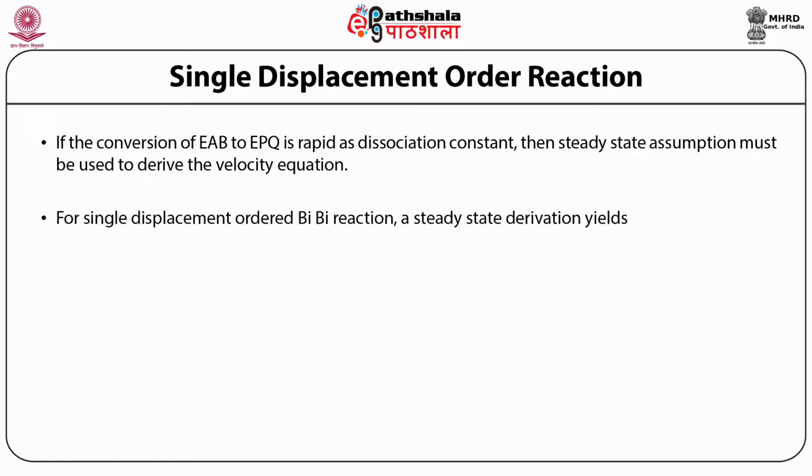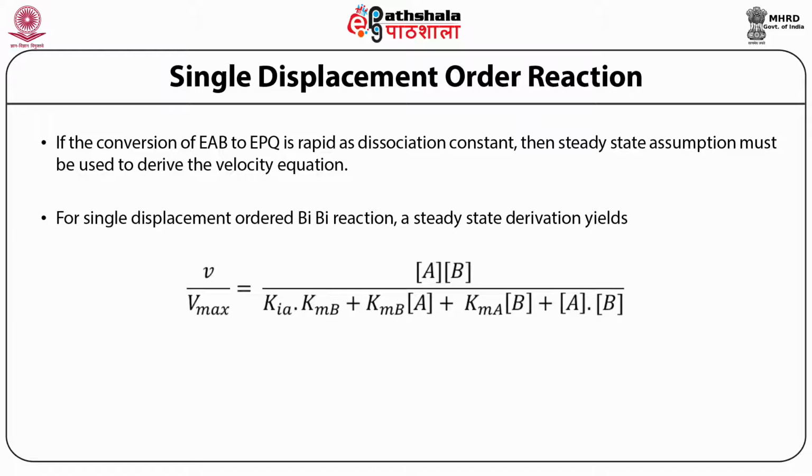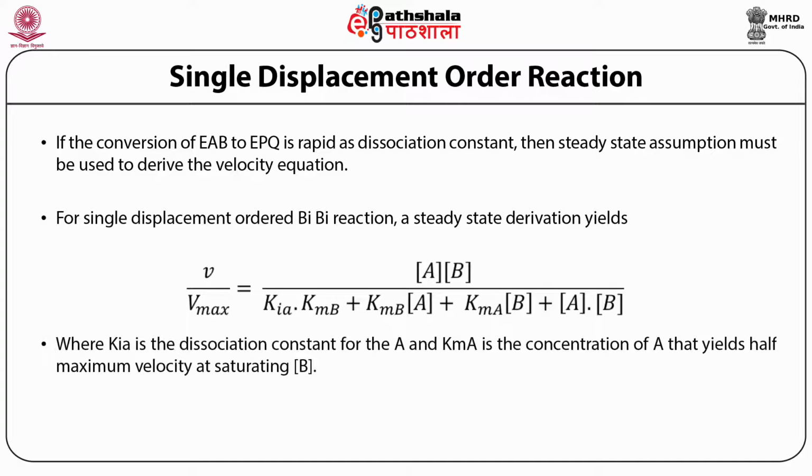For single displacement order bi-substrate reaction, the steady state derivation yields the following equation, and that is V upon Vmax is equal to the concentration of A into the concentration of B divided by KIA into KMB plus KMB into the concentration of A plus KMA into the concentration of B plus the concentration of A into the concentration of B, where KIA is the dissociation constant of A and KMA is the concentration of A that yields half maximum velocity at saturating B.